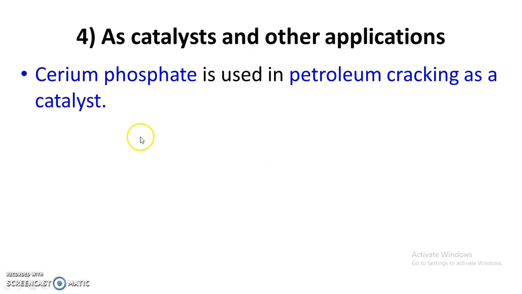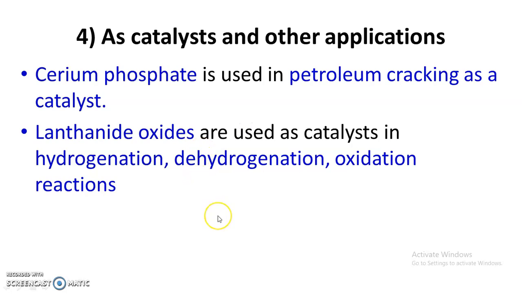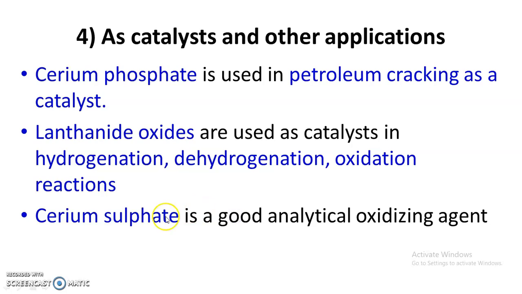Then applications of lanthanides as a catalyst and some other applications, especially cerium phosphate, which is used in petroleum cracking as a catalyst. Lanthanide oxides are used as a catalyst in hydrogenation, dehydrogenation, oxidation reactions, etc. And cerium phosphate is a good analytical oxidizing agent.